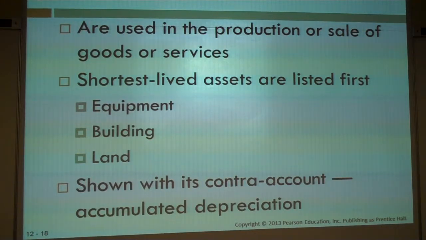When we talk about long-lived assets, they are used in the production or whatever process we have to do to sell our goods. Short-lived assets are listed first, then equipment, building and land, shown with its contra account, which is the accumulated depreciation.